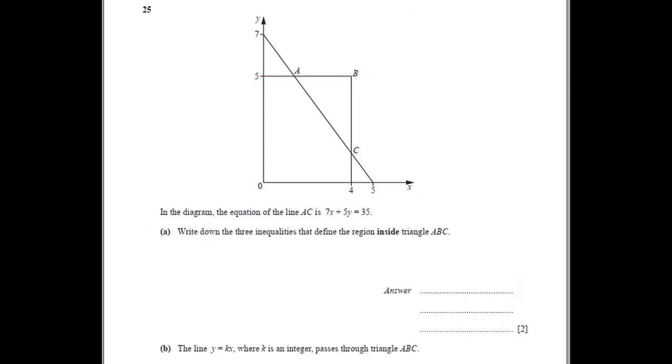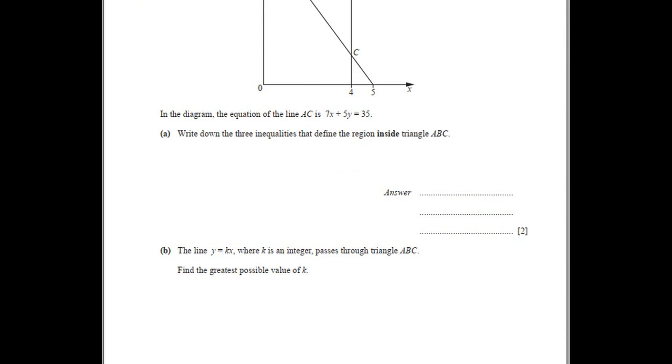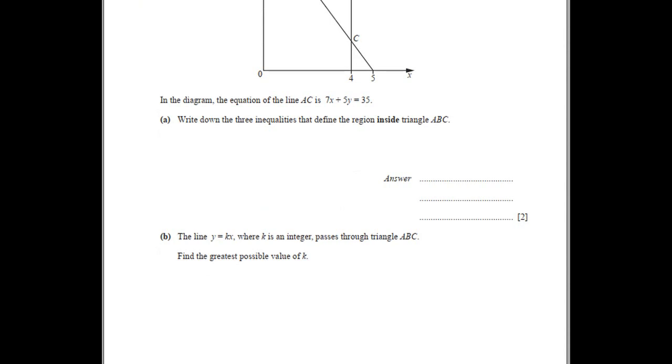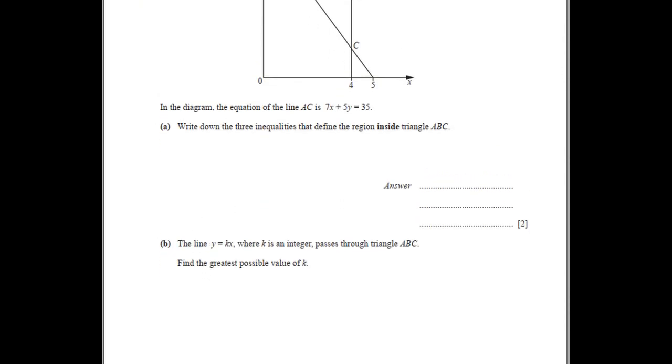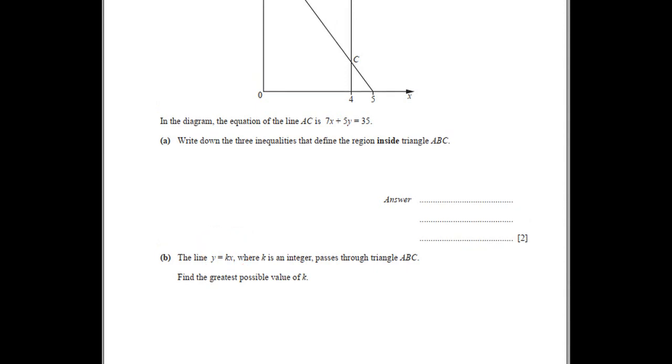Okay, question 25, part B. The line y is equal to kx, where k is an integer, passes through triangle ABC. Find the greatest possible value of k. Now let's roughly sketch this line y is equal to kx. This line will have y-intercept 0, right?